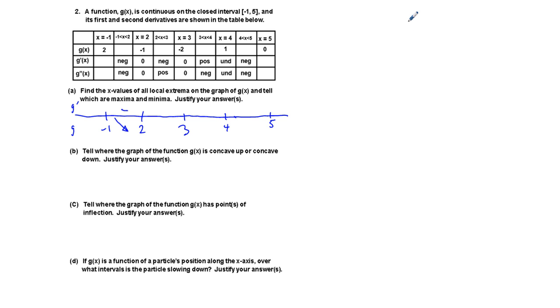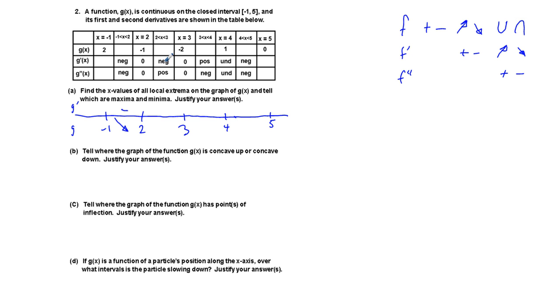Again, it's back to this f prime, f double prime chart that we looked at, right? Plus, minus, increasing, decreasing, concave up, concave down. And then we have plus, minus, increasing, decreasing. And then in the final row, we have plus, minus, f double prime.